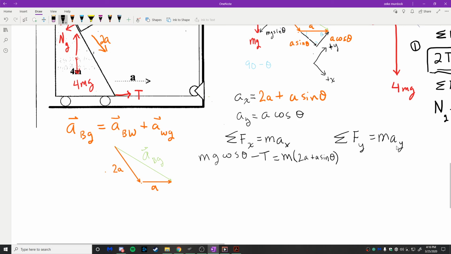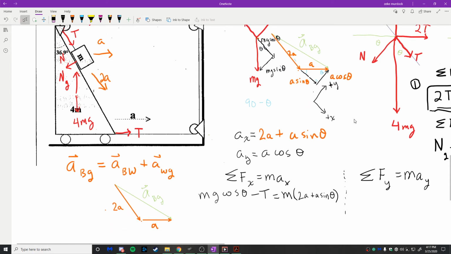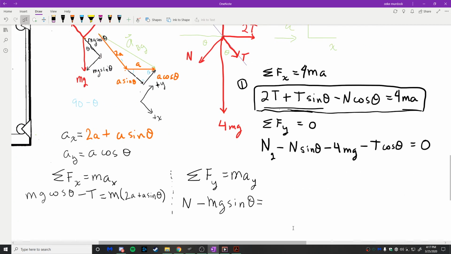So in the y direction, let's just move this over just a little bit. We're going to have our force. I can scroll up just a little bit here so we can see it. It's this force N right here. So we have N minus this component, mg sine theta, equal to m times ay.